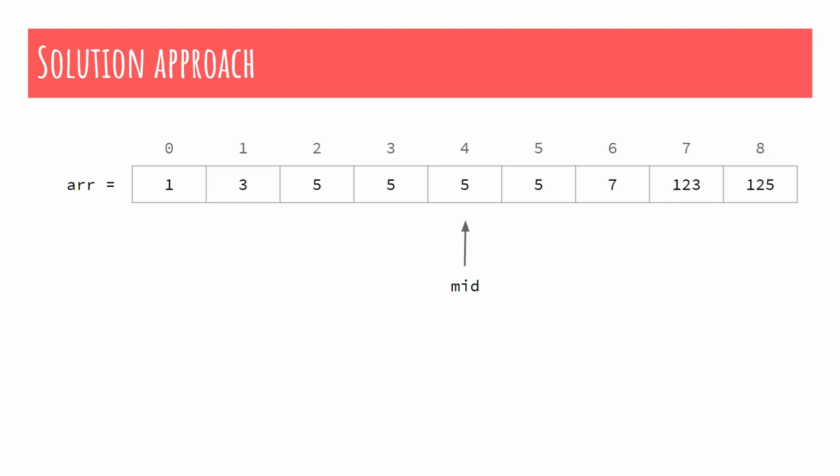In order to find the actual first occurrence, we need to check the element previous to the mid. Only if the previous element is not equal to the element being searched, we proceed to return the value of mid. Otherwise, we'll limit our search to the first half of the input array and repeat the same until the value of low becomes greater than high.